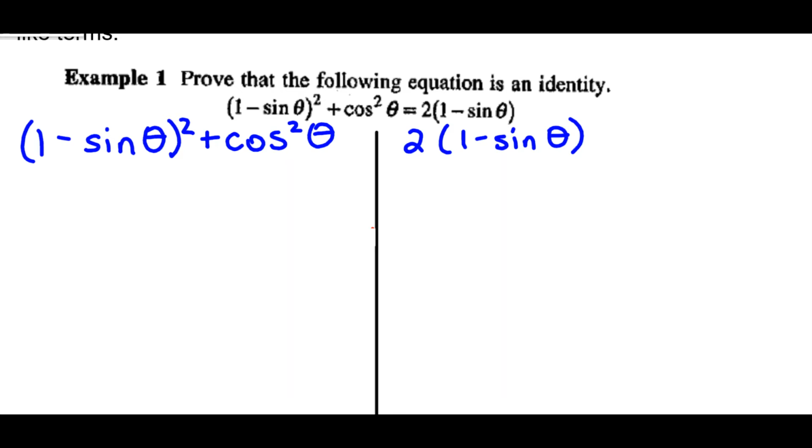Example 1 asks us to prove that the following equation is an identity. When I look at this, it's telling me this is going to work, show me how it works. So we know that this is an identity, I can interchange these two things, and I need to see the in-between steps on how that goes. You'll notice that I have this set up a little differently than how they've typed it.